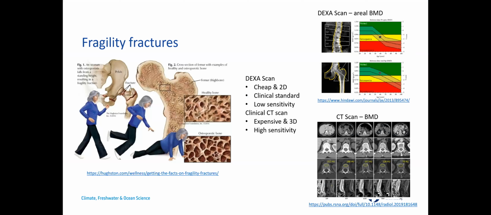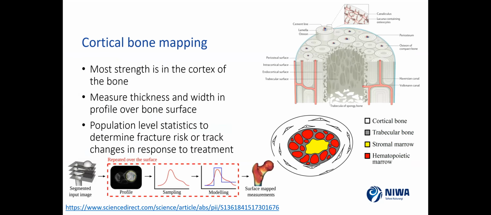So if we think about what I was coming in to do, I joined a group that had pioneered a technique called cortical bone mapping, which is basically looking at profiles through the surface of a bone.